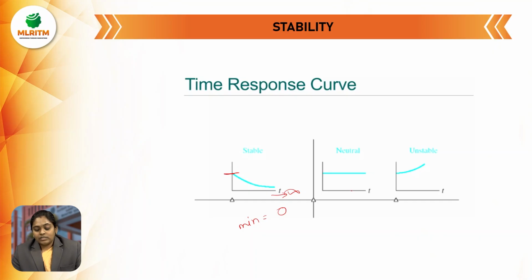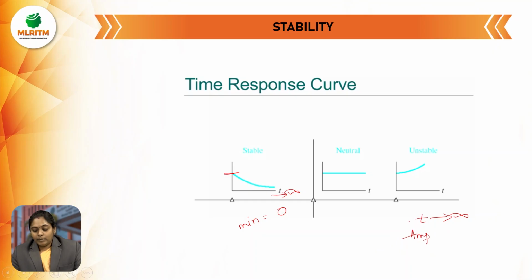Whereas in the case of a neutral system, whatever the t value may be, there is no change in the response of the output; that is called a neutral system. But in the case of the unstable system, as time tends to infinity, we cannot find the value of the amplitude at the infinity point.